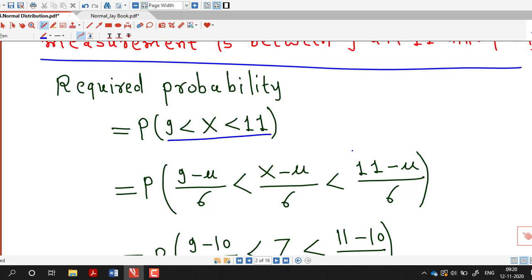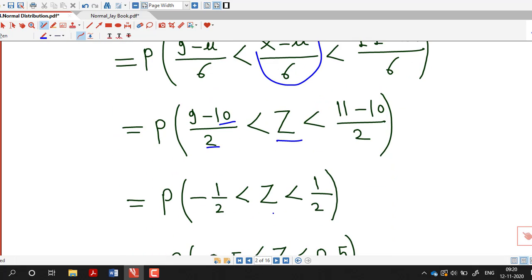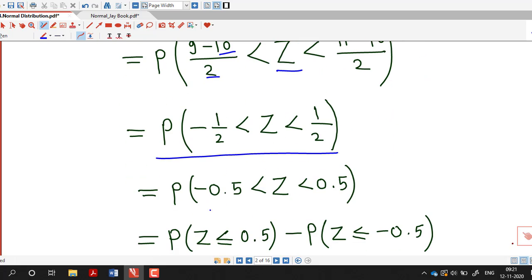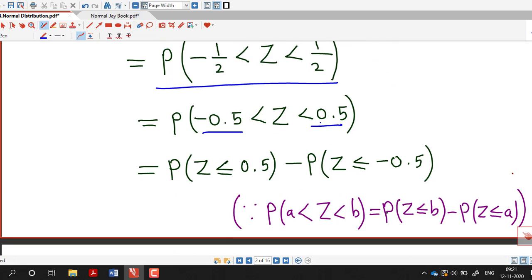Then we substitute mu equal to 10 and sigma equal to 2, and this is the standard normal random variable capital Z. If we simplify, this is the probability that Z lies between -1/2 and 1/2, and -1/2 is -0.5. So we can write this as probability that Z is less than or equal to 0.5 minus probability that Z is less than or equal to -0.5, using this property.